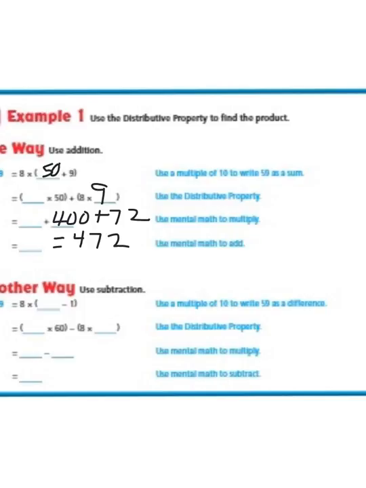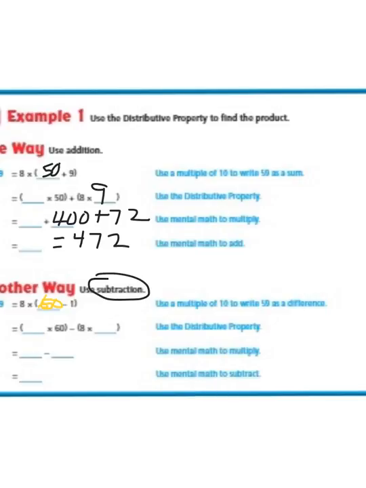Then another way is to use subtraction. And we know that 8 times 59 equals 8 times 60 minus 1.